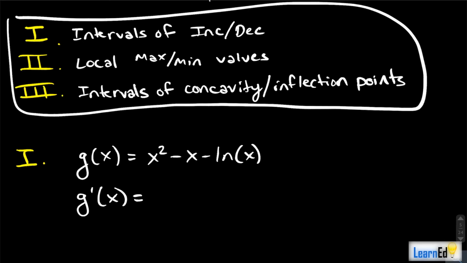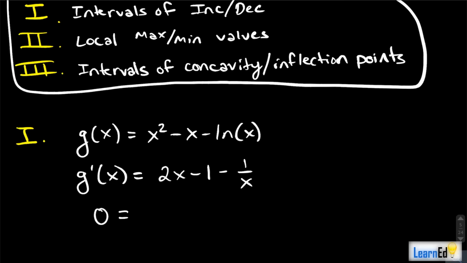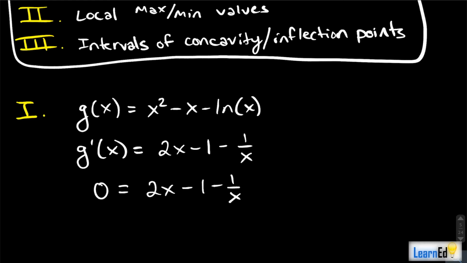Taking a derivative of this, we get 2x minus 1 over x. And we set it equal to 0. 2x minus 1 over x equals 0.